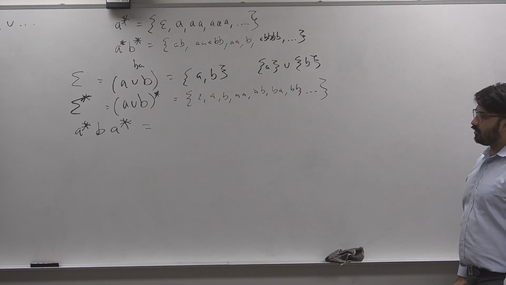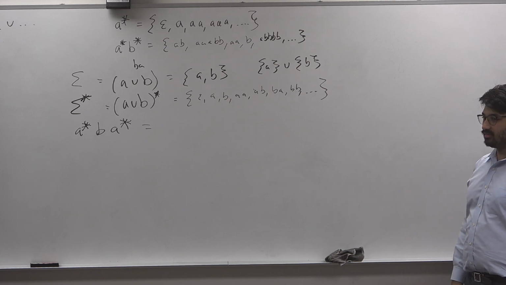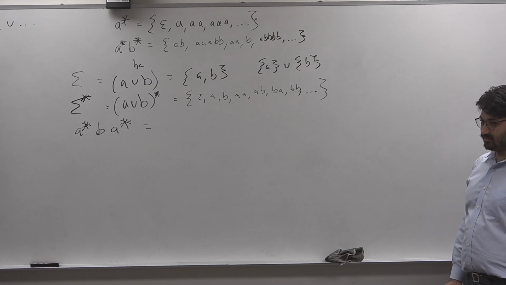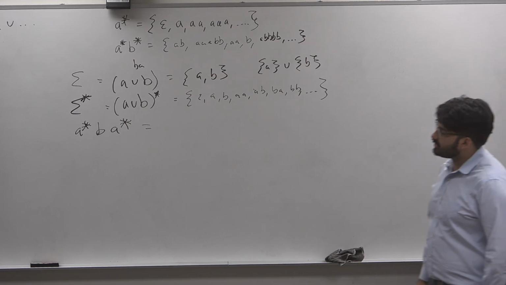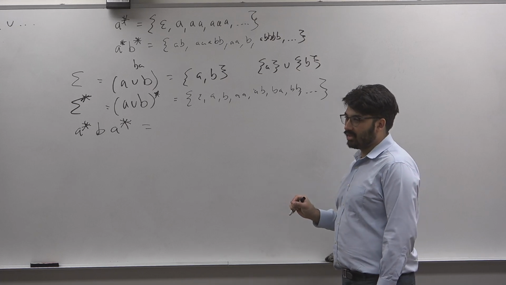Those strings happen to also be what? They all have only one B. These are also strings that happen to contain exactly one B, right?